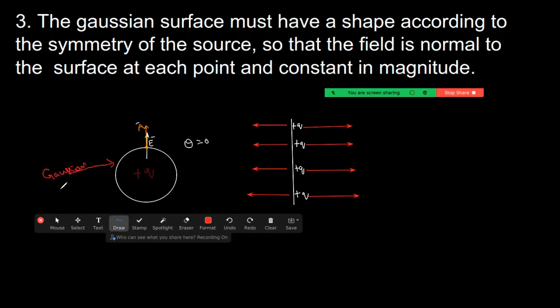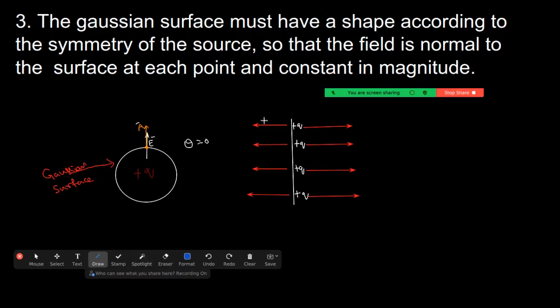People say G surface. That term they use in bachelors, so you don't use it. You just say Gaussian surface. Even here one can draw a cylinder. Let me draw a cylinder.